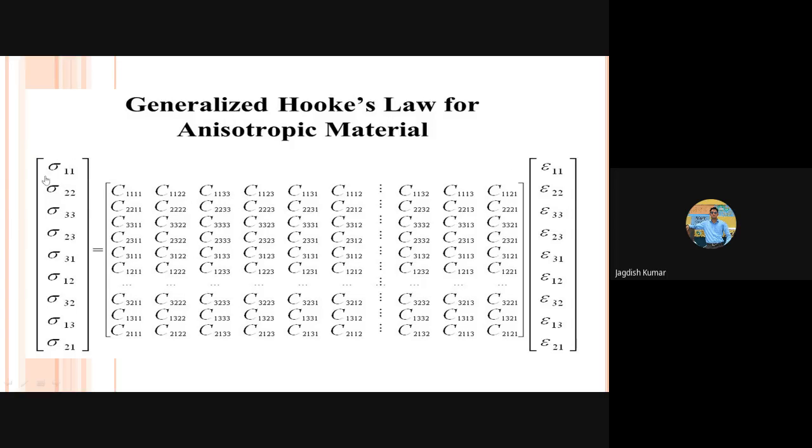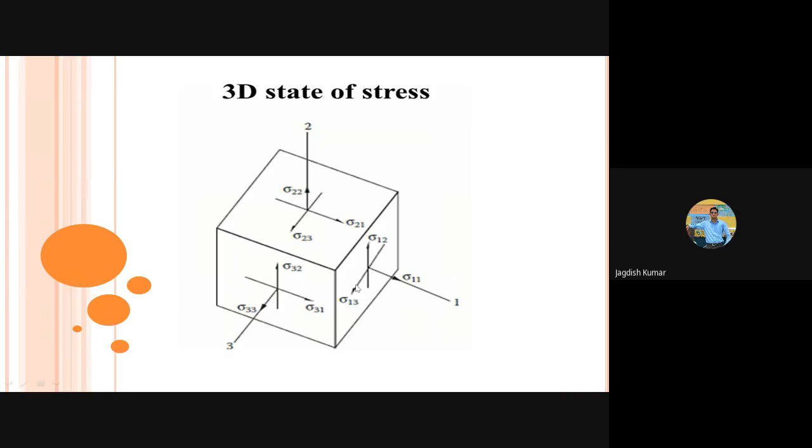So what is this telling? That the stress along the x direction, or the stress on this face acting along this direction perpendicular to the face, is not only depending upon strain along this. If it were the linear case, then the sigma 1,1 equation would have been very simple, Hooke's law.